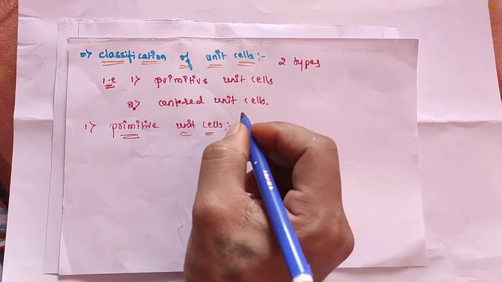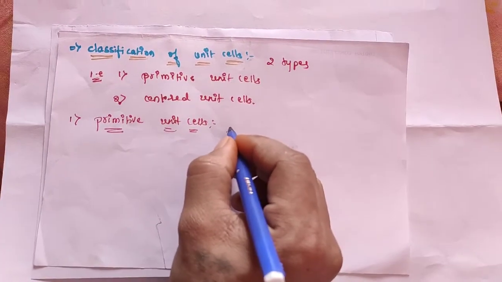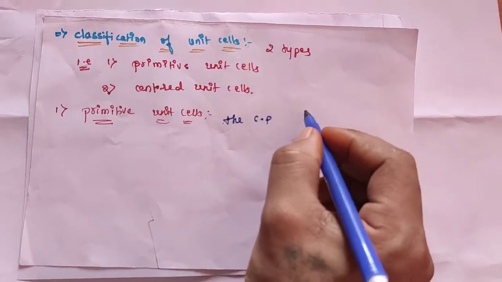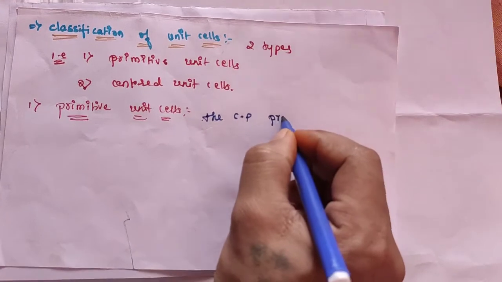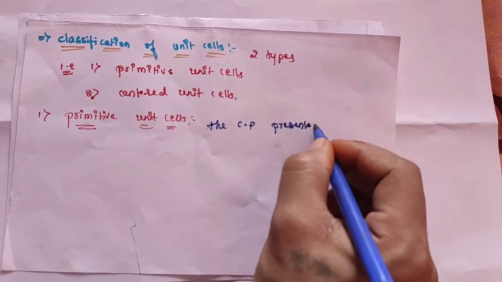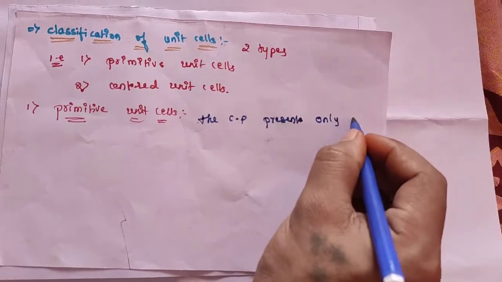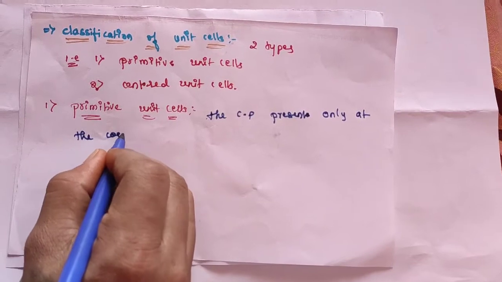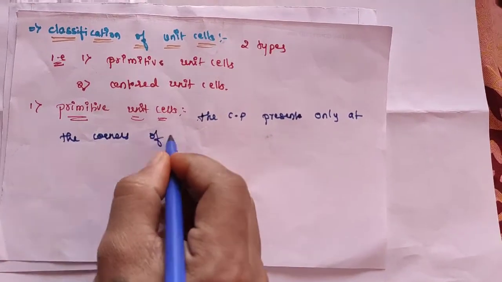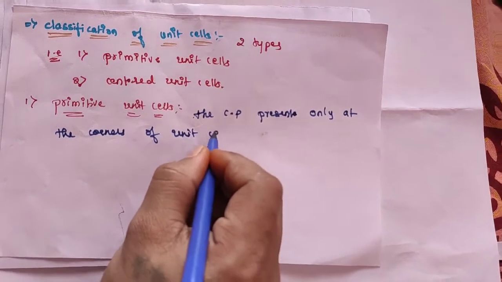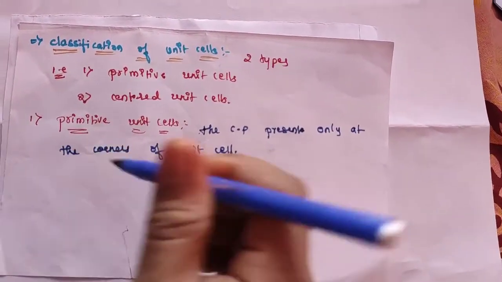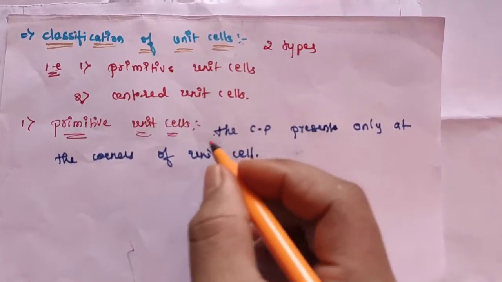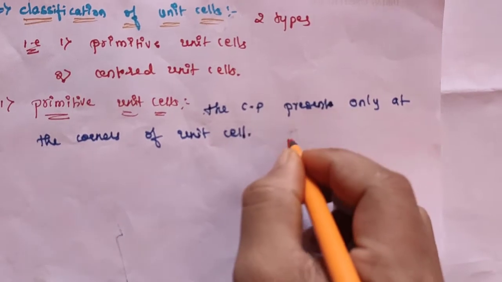In this type of unit cell, the constituent particles are present only at the corners of the unit cell. How do you define the primitive unit cell?